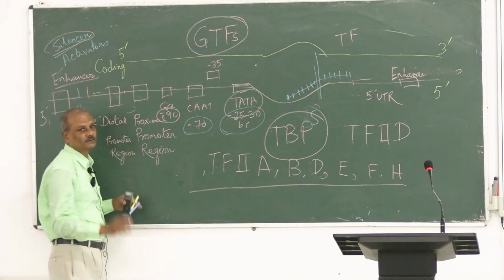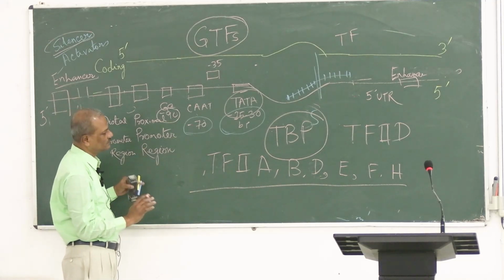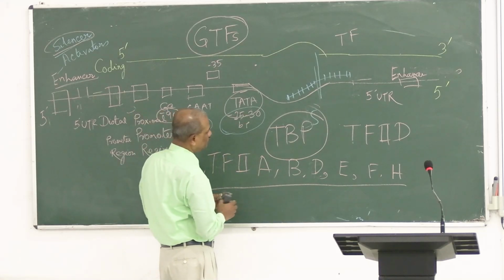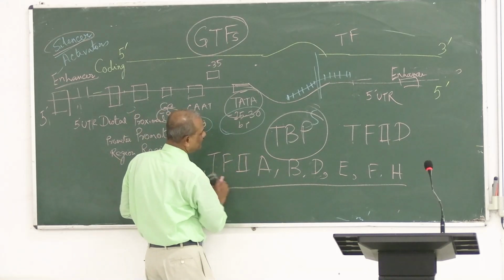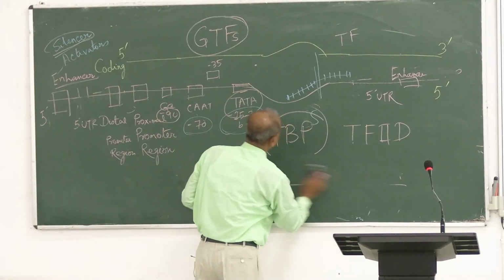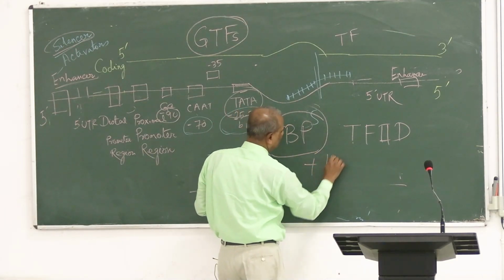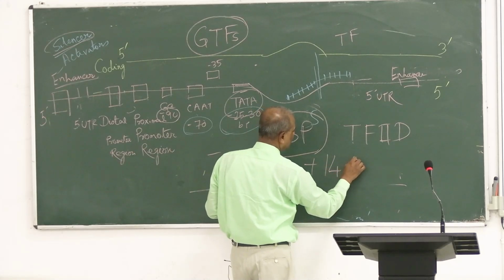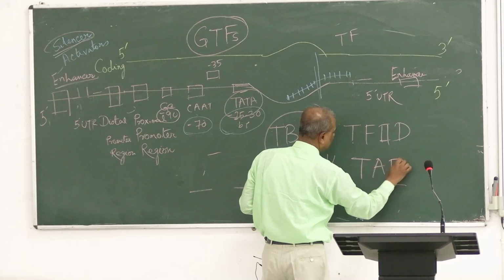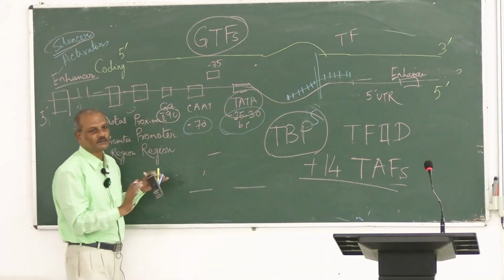These are the 6 common general transcription factors, and TF2D is basically associated with TBP plus 14 other transcription associated factors. This is last.